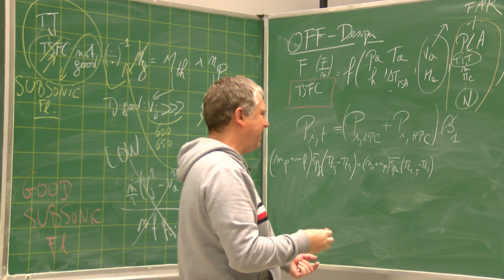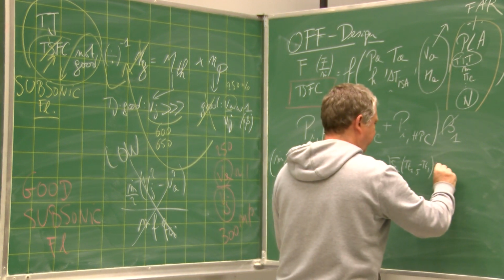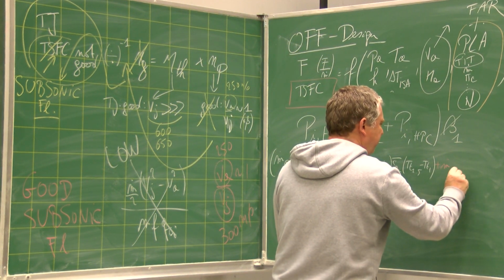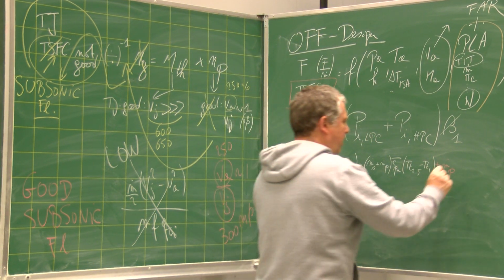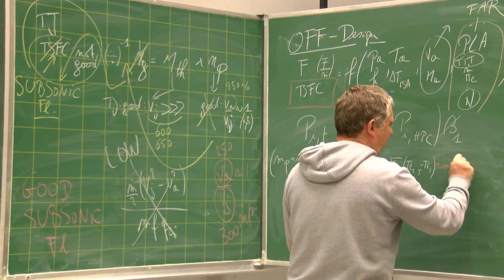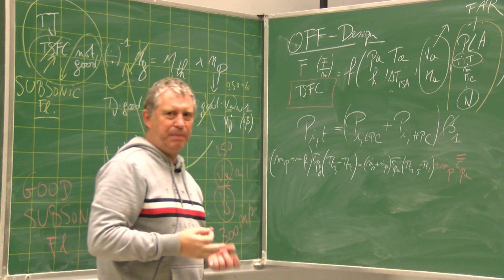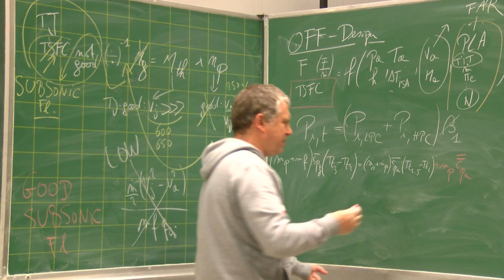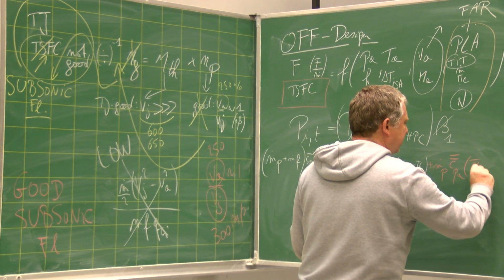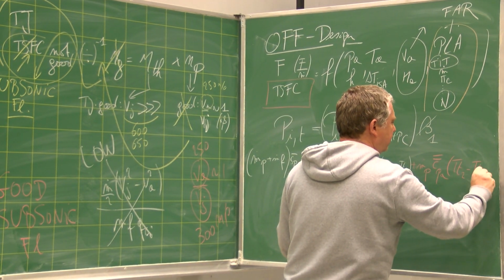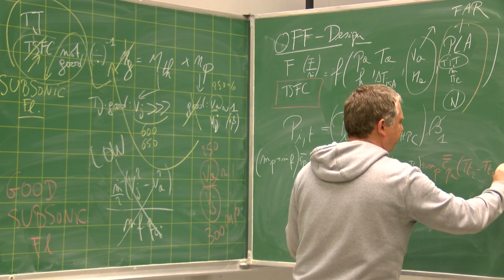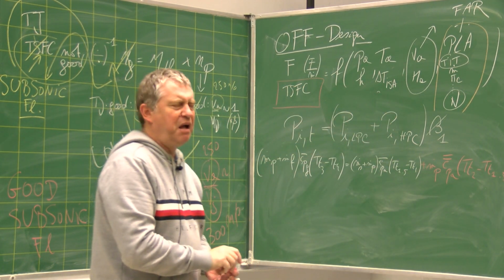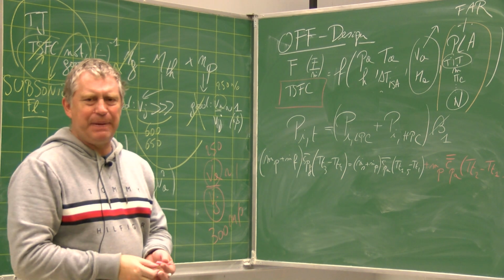And what is passing in the high pressure compressor? Only the m dot p. You have Cp of air, but not the same, because we don't have the same temperatures. And you have here Tt2 minus Tt1.5. Okay? Let's say the Cp are the same.